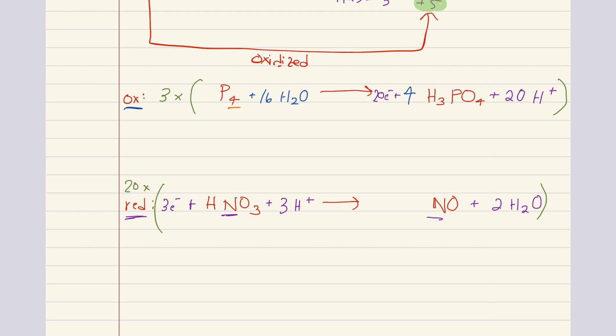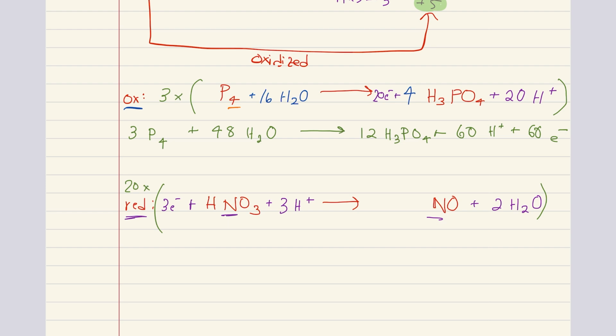For our oxidation half reaction, this gives us 3 tetraphosphorus plus 48 water molecules on the reactant side. And then on the product side, we have 12 phosphoric acid plus 60 H+ plus 60 electrons.